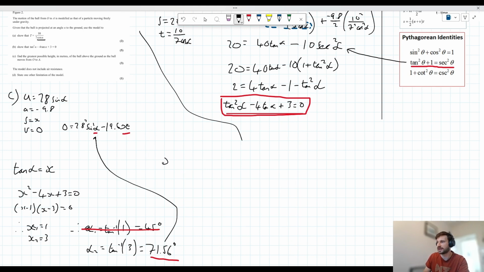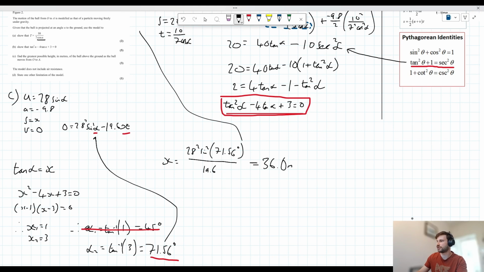Let's say x here is equal to 28 squared sine squared of 71.56 degrees all over 19.6. We've done multiple steps in one there, but I trust you guys are aware of how we've landed here. So when we put this into our calculator here, we garner 36 meters. We could call it 36.0 meters if we really wanted to.